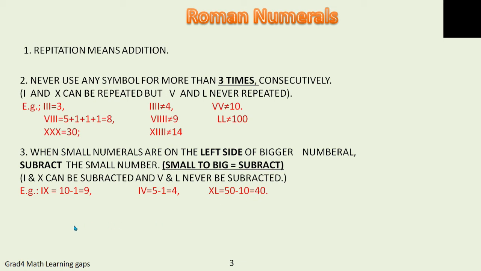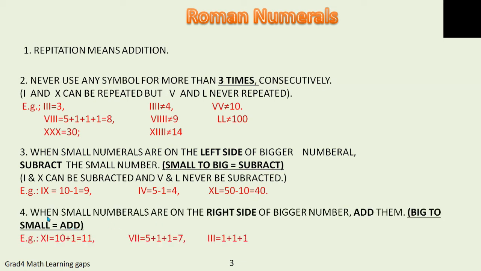Clear? Now moving on to the next rule, which says when small numerals are on the right side of the bigger numeral, add them up. So when you move from big to small, you have to add. For the example, you have 11. Now X is 10, that is big, and 1 is smaller than 10. So you are moving from big to small, so you will add it.